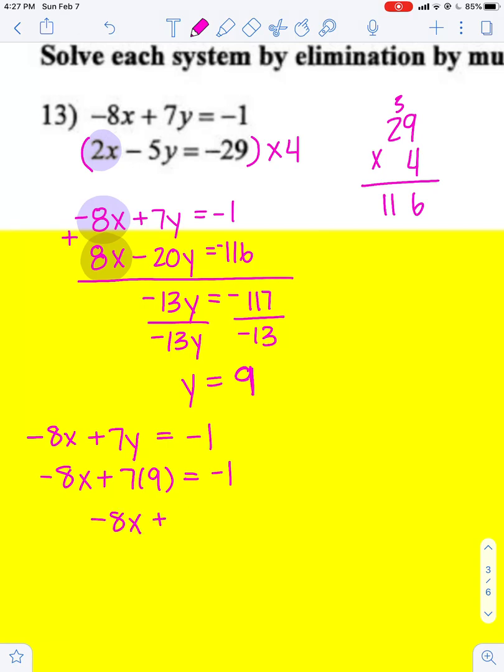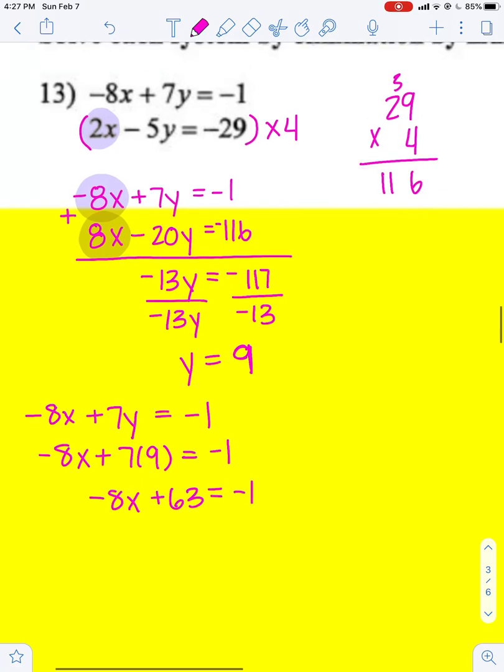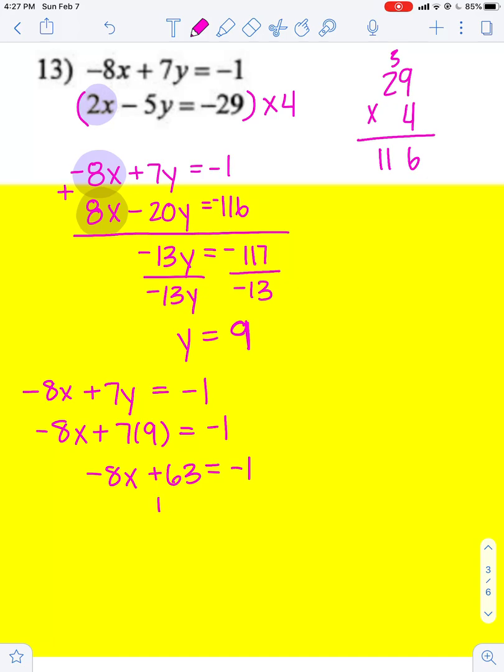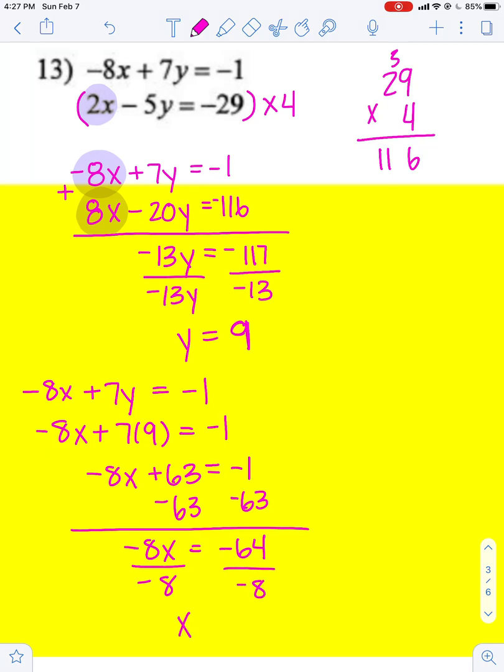Negative 8x plus 63 is equal to negative 1. And then I'm just going to solve this like a two-step equation by subtracting 63 from both sides. That's going to give me negative 8x is equal to negative 64. We divide by negative 8, and that gives me that x is equal to 8. So I have y is equal to 9, x is equal to 8, so I can write the point (8, 9) as my answer.